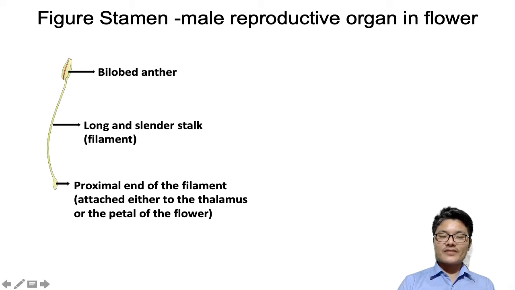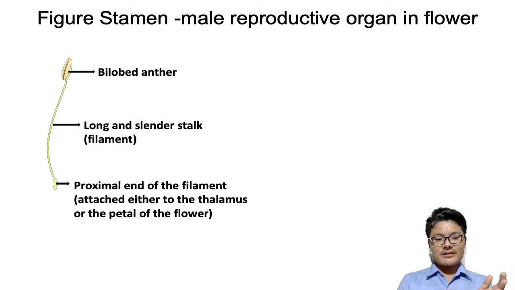Usually the growth of the stamen starts from the proximal end of the filament. This base or proximal end of the filament is attached either to the platform where the flowers are growing, called the thalamus, or it may be attached to the colorful petals.